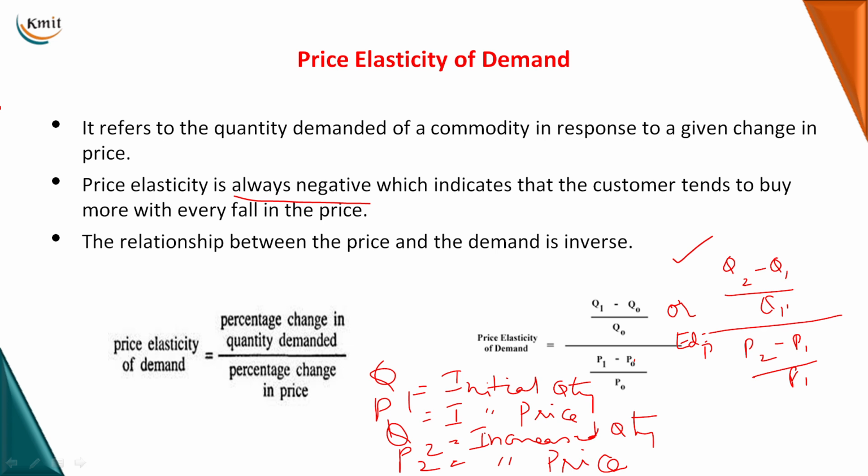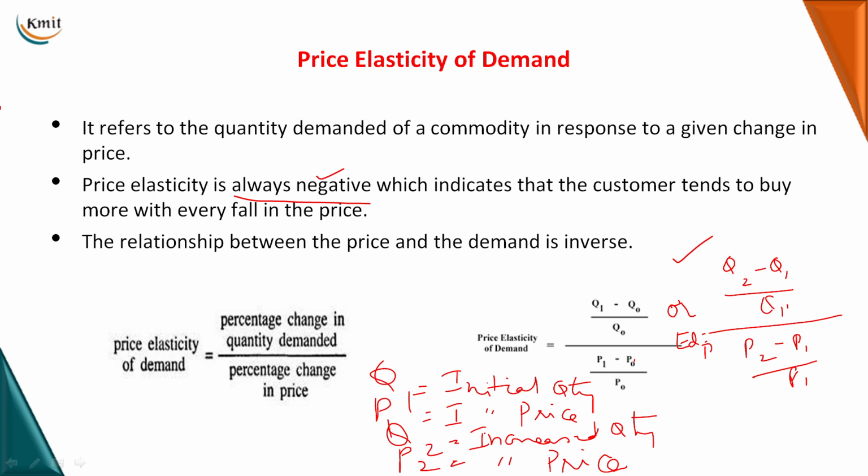So here Q1 is initial quantity, P1 is initial price, Q2 is increased quantity, and P2 is increased price. So in the formula, P2 is higher than P1. So the resulting ED of P, that is price elasticity of demand, will be negative.